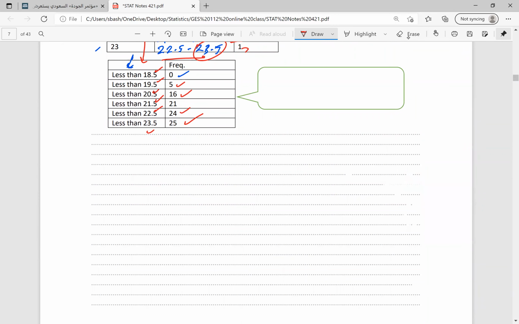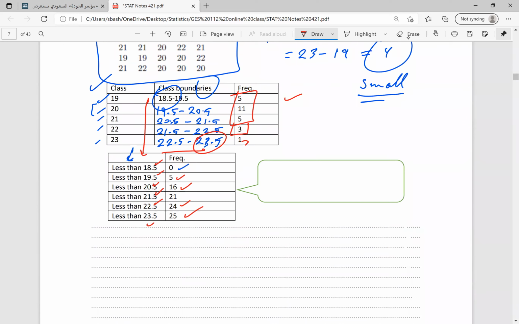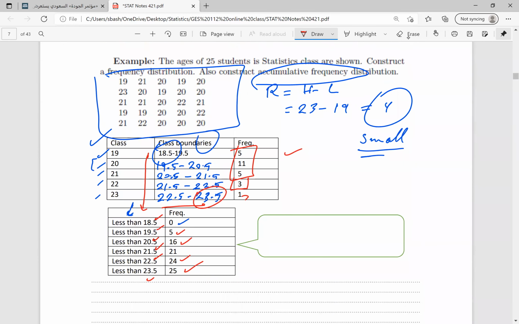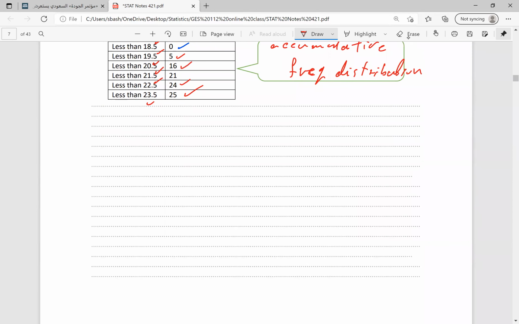Now, this one we call the cumulative or accumulative distribution.